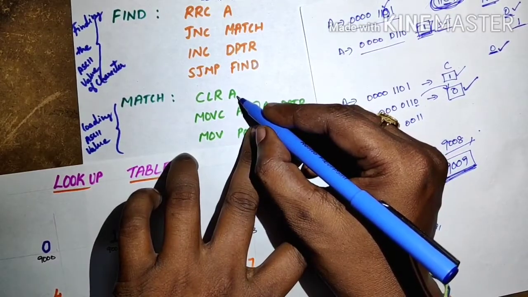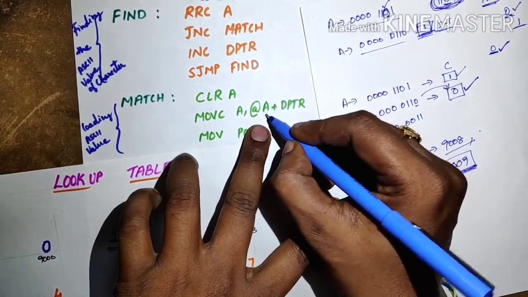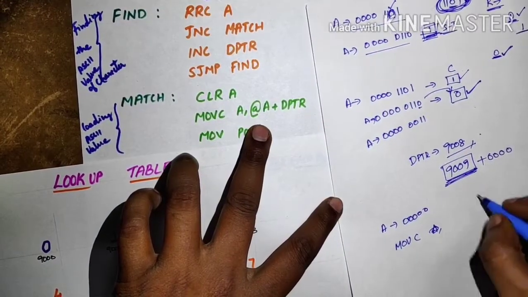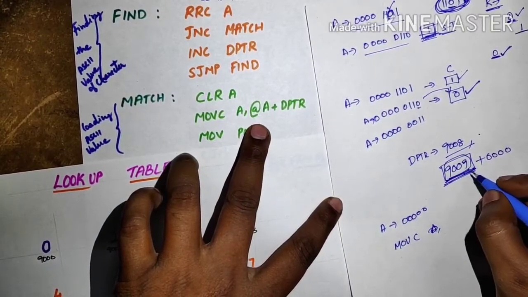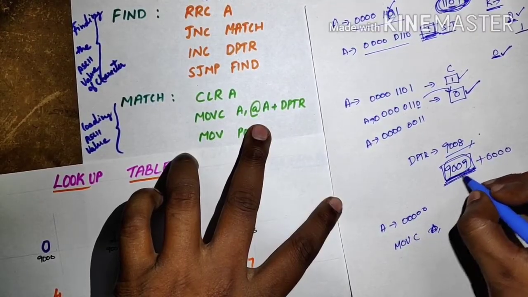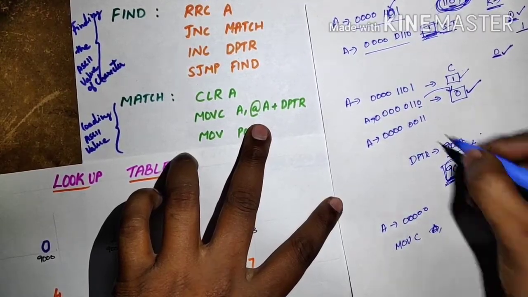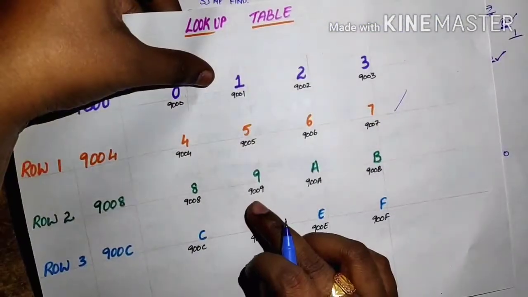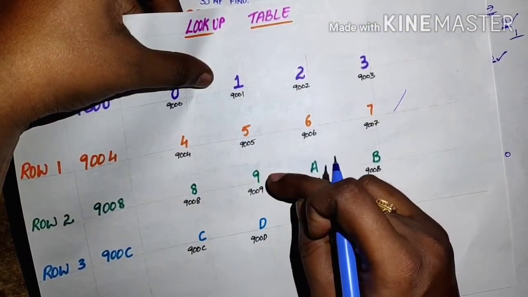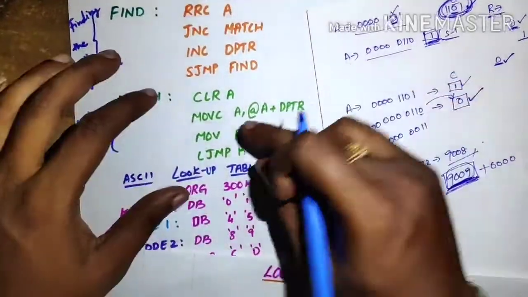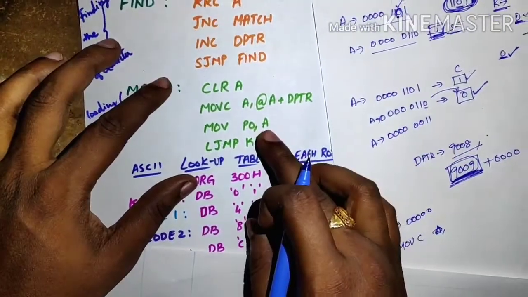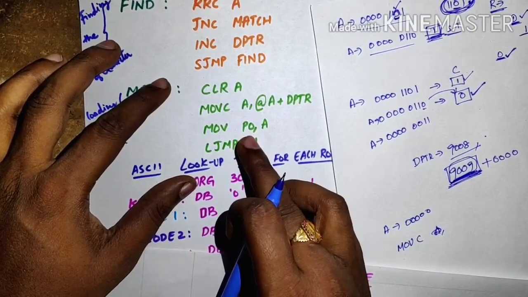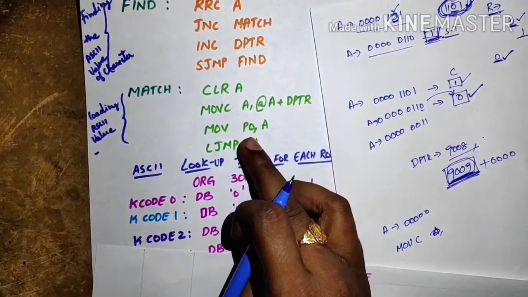As we are clearing the accumulator, its value will be 0. So 0 plus data pointer, plus 0000, gives us 9009 only, right? Whatever data is available in 9009 will be moved to the accumulator. The data available in 9009 is nothing but the ASCII value of 9. That value will be moved to the accumulator and displayed. So MOV P0, A means it will be displayed on our monitor.